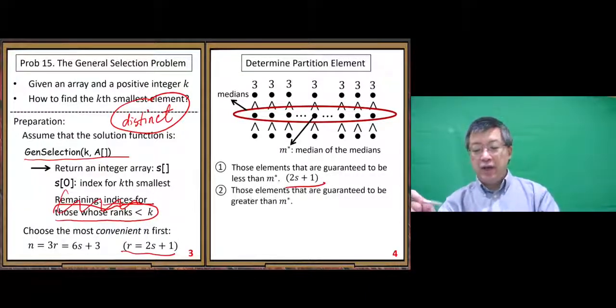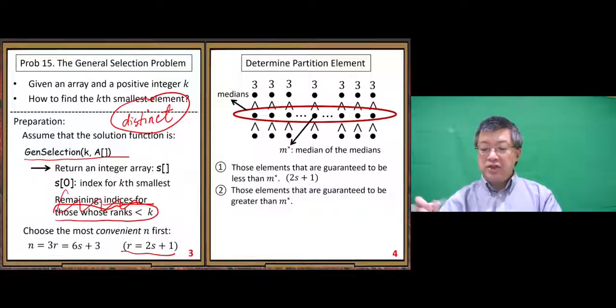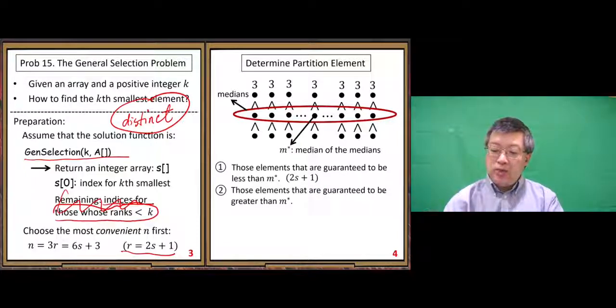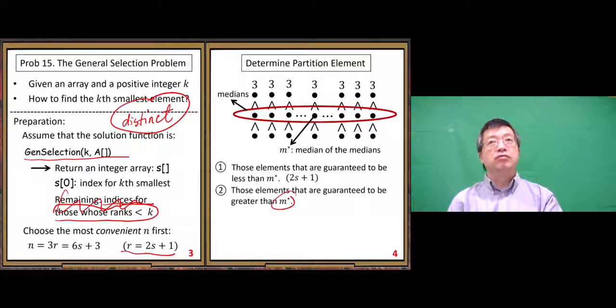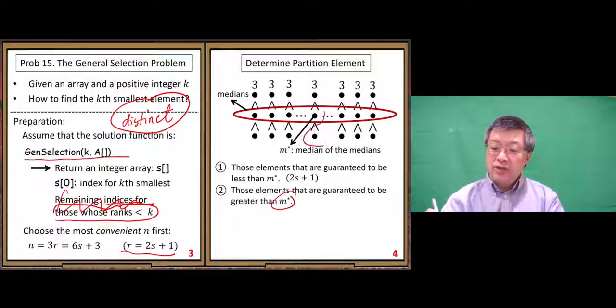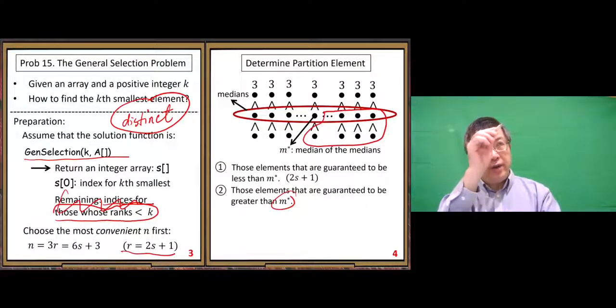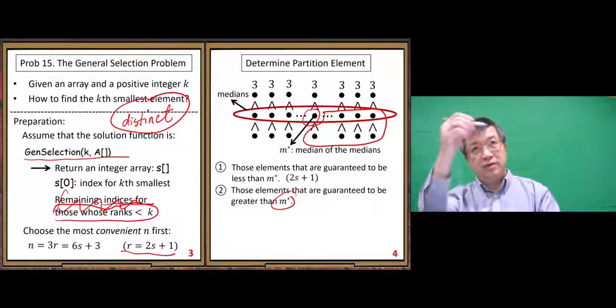Then, similarly, those elements that are guaranteed to be greater than M star. What are those elements guaranteed to be greater? So similar discussion. This bottom circle are guaranteed to be greater than M star. We just do the same discussion.